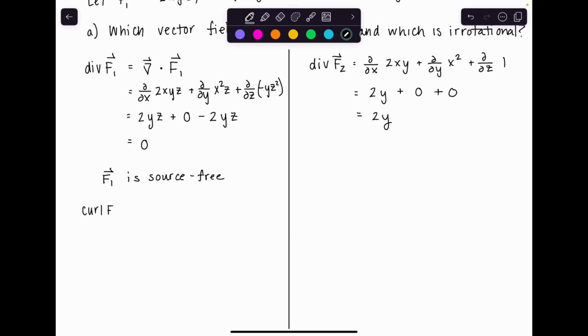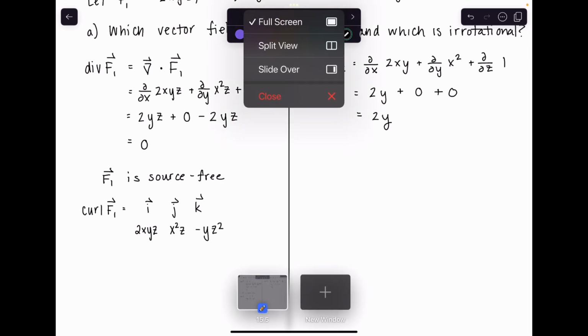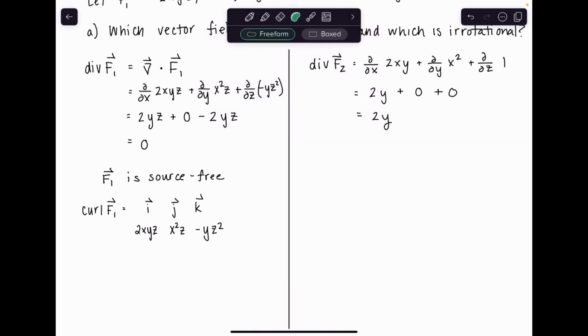So finding the curl of the first vector field, plugging in those pieces, this is 2xyz, x squared z, and negative y z squared. And then I need to move this down a little bit because I need to put my del operators in the middle.